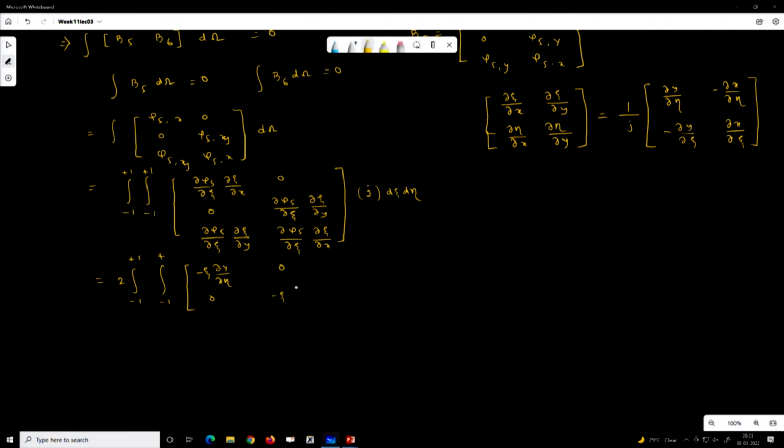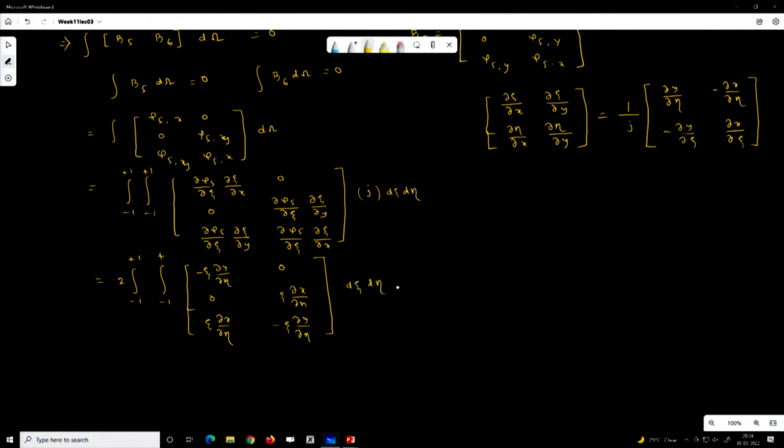So 2 I have taken outside, so d xi by dy. So naturally d xi by dy is minus dx by d eta, so minus will cancel. So naturally now it will be dx by d eta, and this will also be xi dx by d eta, and this will be my minus xi dy by d eta. So this J will cancel with here, so this is d xi d eta.